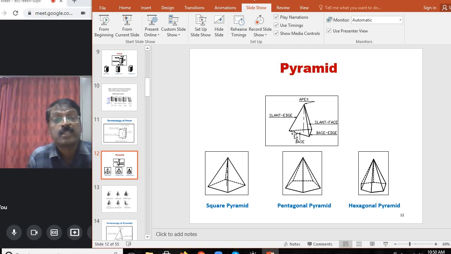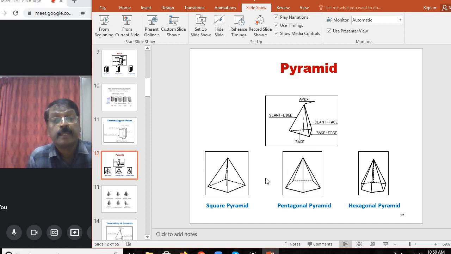It consists of a triangular base and a vertex or apex, and the slant edges, a line connecting the apex and the base corner, called slant edge, and the triangular faces are called slant faces, and the straight lines forming the base are called base edges, and an imaginary line connecting the center of the base and the vertex or apex is called axis.